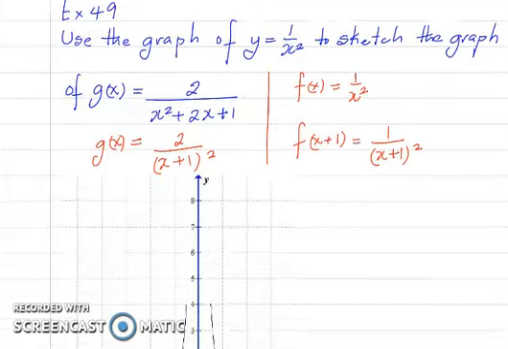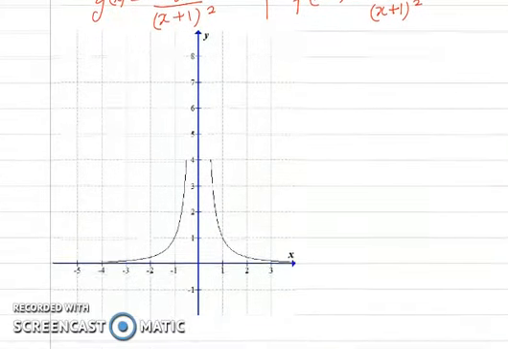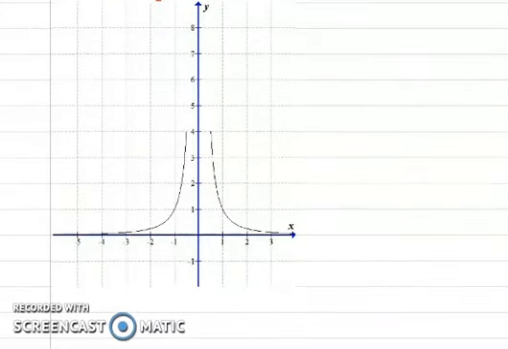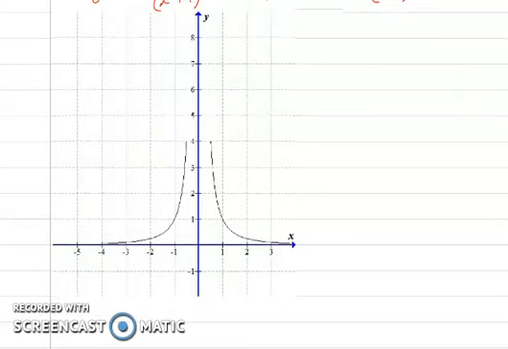In the diagram here, I have the graph of y is equal to 1 over x squared. Both the y-axis and the x-axis are asymptotes. If I move the entire graph 1 unit to the left, the new vertical asymptote is going to be the line x is equal to minus 1.